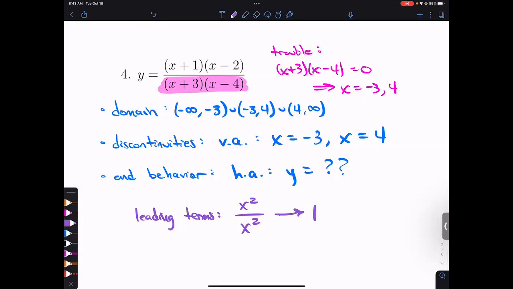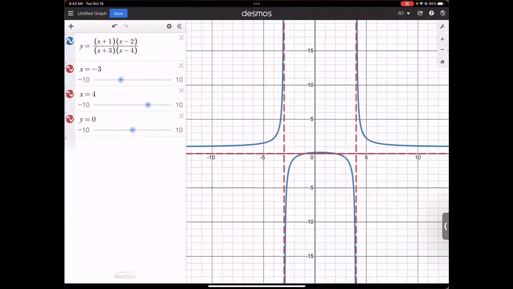So what's the horizontal asymptote? Y equals 1. Now, again, that's hard to spot, especially if it's, I don't know, 2/3 or something like that. It's hard to identify just visually that that's where that's happening. But looking at the graph should at least give you a way to check.